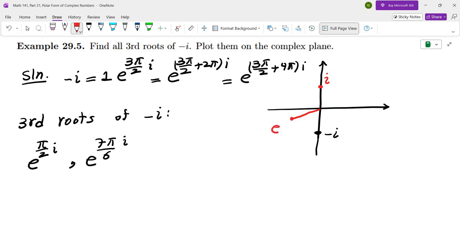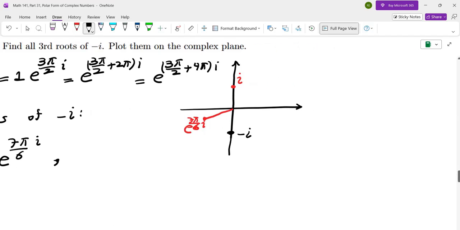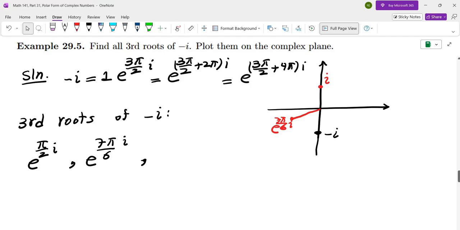So this would be e to the power of 7 pi over 6 i. The next one, we add 2 pi, we get 8 pi plus 3 pi, that's 11 pi over 6. So we get e to the power of 11 pi over 6 i. And that would be basically the reflection of the same thing on the other side. These are the three third roots of negative i.